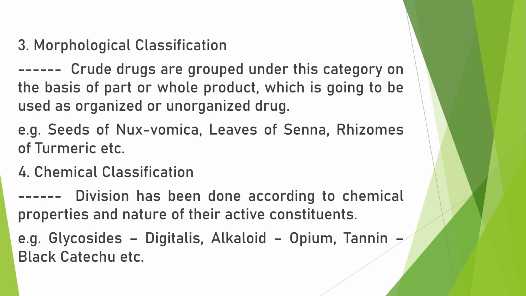Similarly, opium belongs to the character of alkaloid. In case of black catechu, it belongs to the character of tannin. For peppermint, it will be volatile oil. For castor oil, it will be lipids.